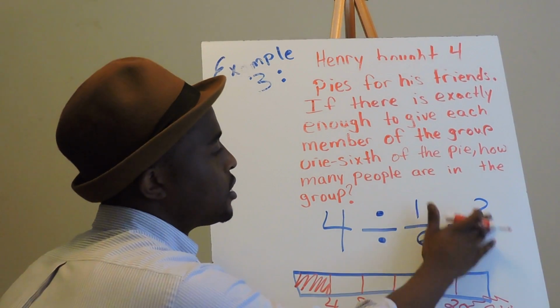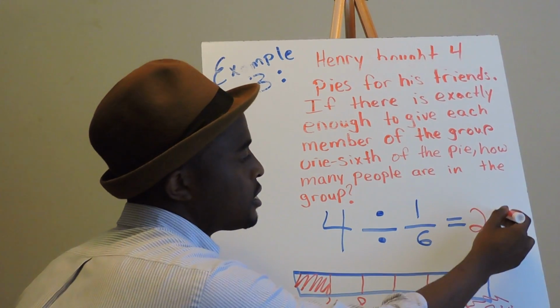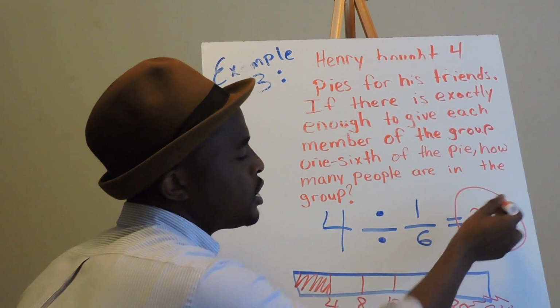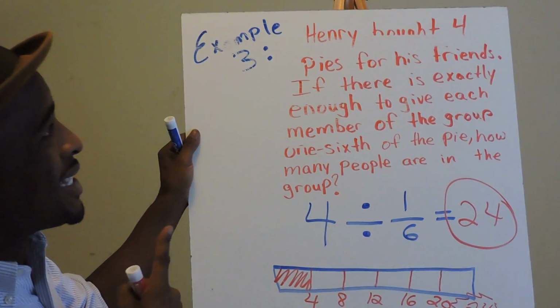And there's our quotient. So 4 divided by 1/6 equals 24.